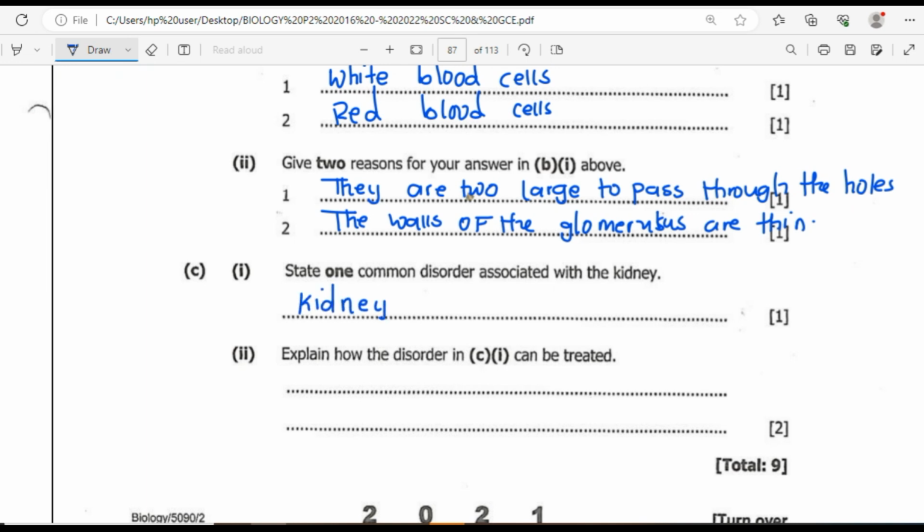Kidney failure is a condition or disorder where the kidney cannot work properly. Explain how the disorder can be treated. So by kidney transplant, where a healthy kidney is taken from a healthy person to someone with the disorder, or maybe by a kidney machine.